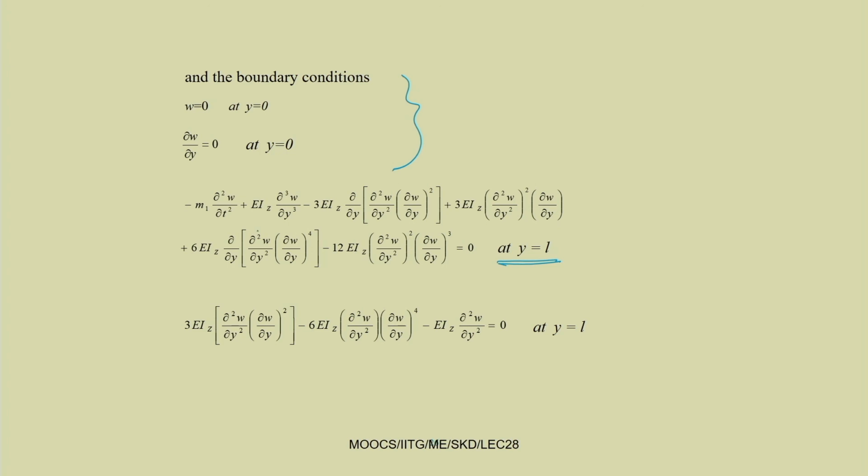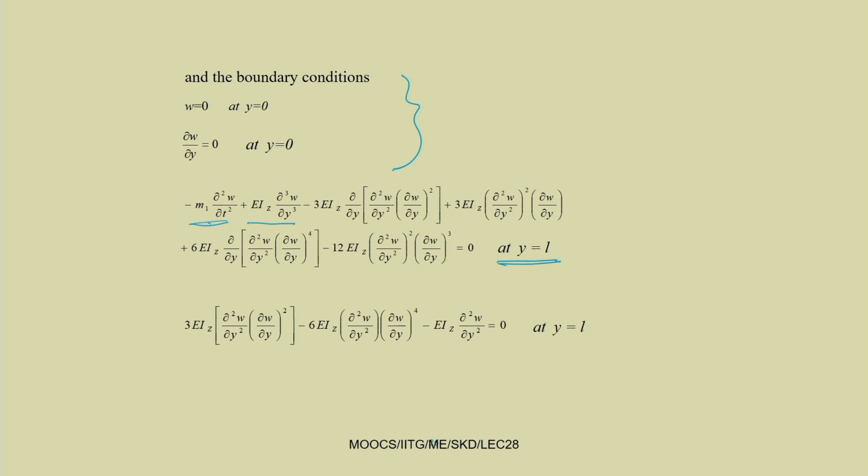You just see this is the shear force and this part is the inertia force due to the attached mass at that end, minus 3 E I z. These are the nonlinear terms associated with the shear. This del square w by del y square is proportional to the bending moment.